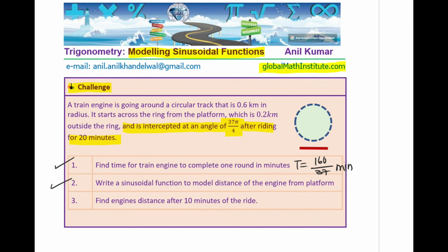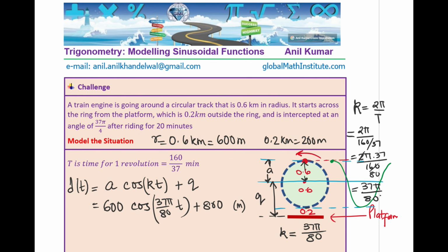So we have got this model. Now, part 3 is to find the distance after 10 minutes. So in that case, I'll substitute 10 here. So distance after 10 minutes will be 600 cos of 37 pi times 10, correct, over 80 plus 800.